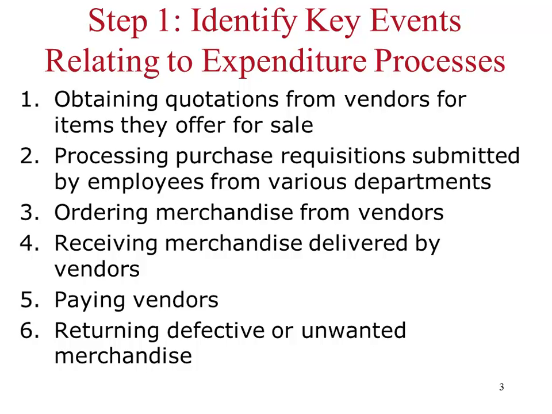The second thing is that you have to get requisitions. Before you order something, usually you have to get requisitions, in most cases. Then you do the actual ordering, so you create a purchase order, you receive the merchandise, you pay for the merchandise. Finally, you may return some merchandise. So there are six significant business events for this cycle.